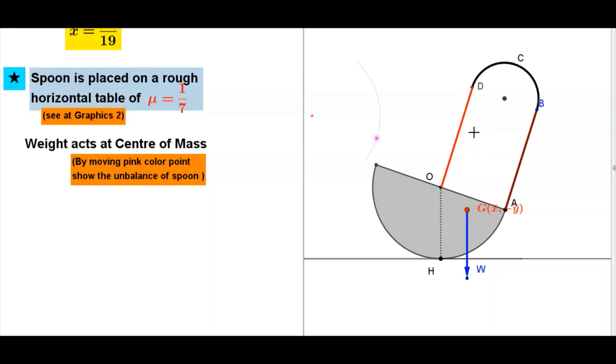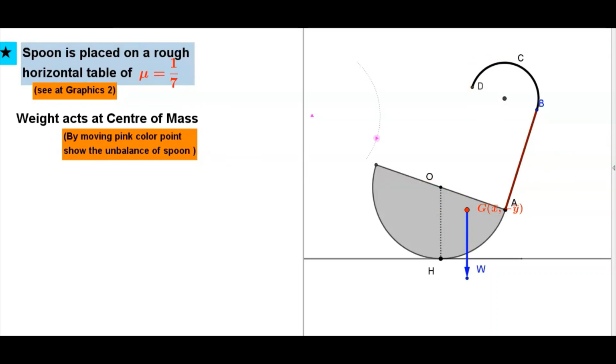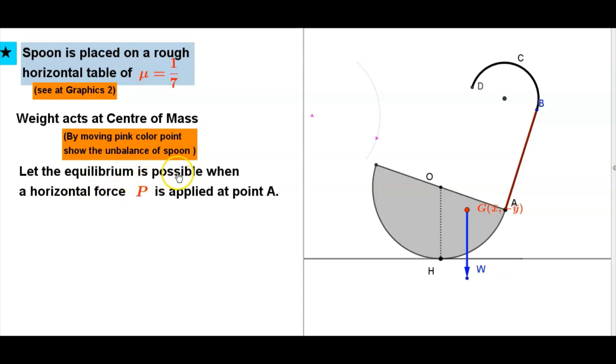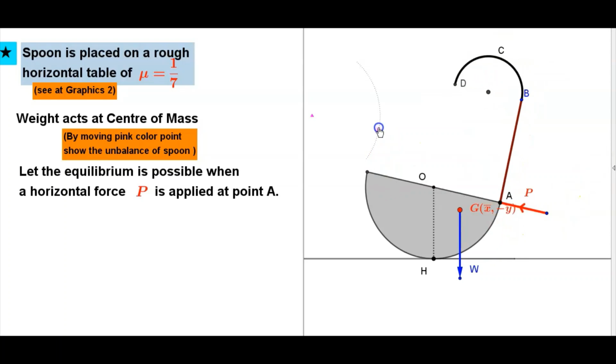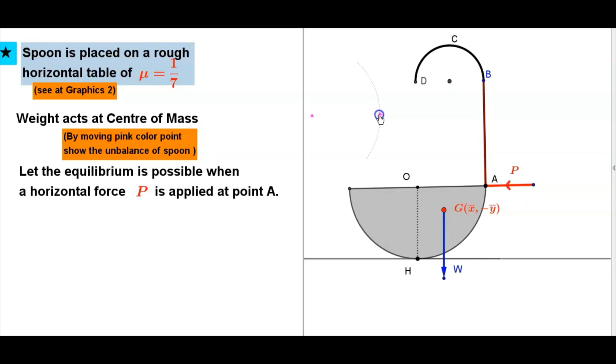By giving some force, we keep OD vertical. Therefore, now we give a horizontal force. Equilibrium is possible when a horizontal force P is applied at point A, with OD vertical, by applying this force.